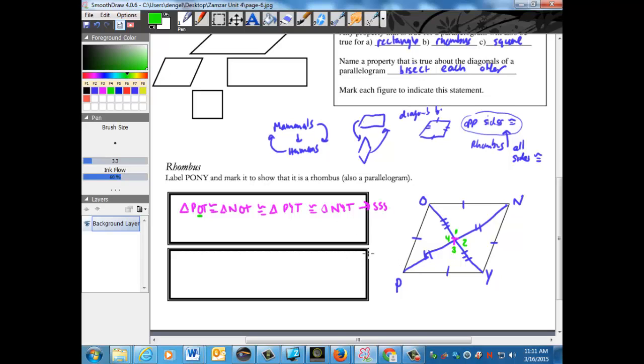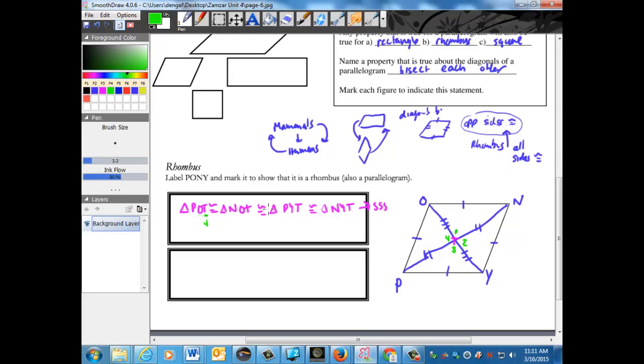In triangle POT, I should have underlined the T. Let's erase that. Let me do a hard erase here. Let's get rid of that, and then let's go back to the pen. If I look at angle T, and I'm just looking at triangle POT, in specific I'm looking at angle T, that's going to be angle 4.